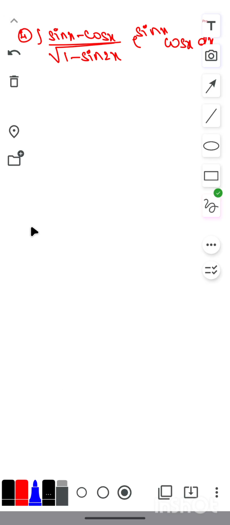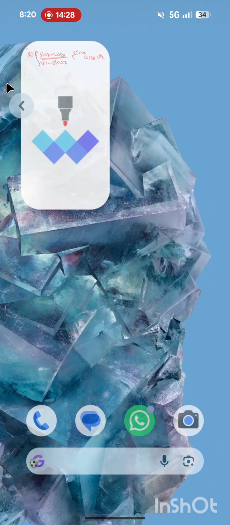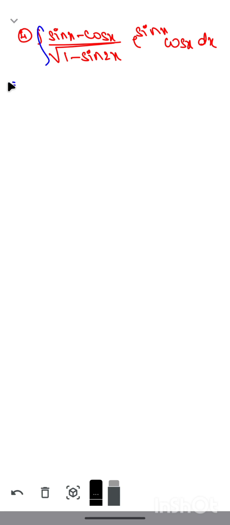Now to find the solution of the given problem, let us try to rewrite it. In the numerator we have sin x minus cos x, in the denominator we have the square root of 1 minus sin 2x.